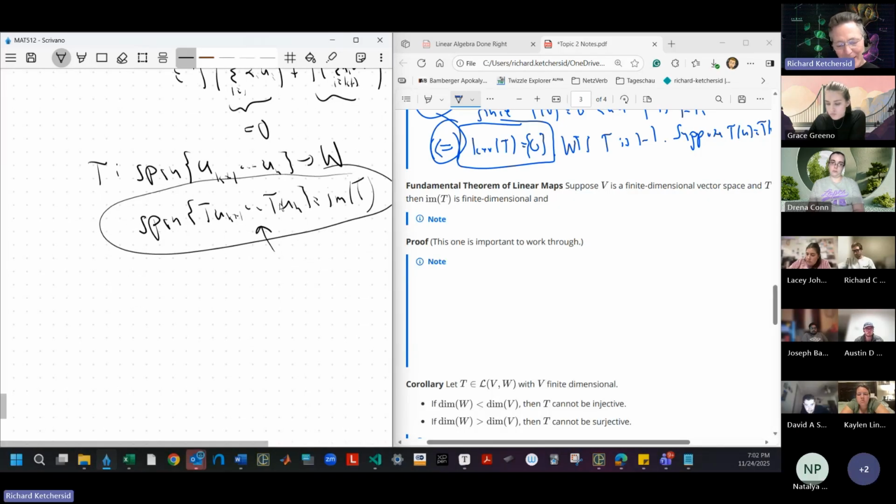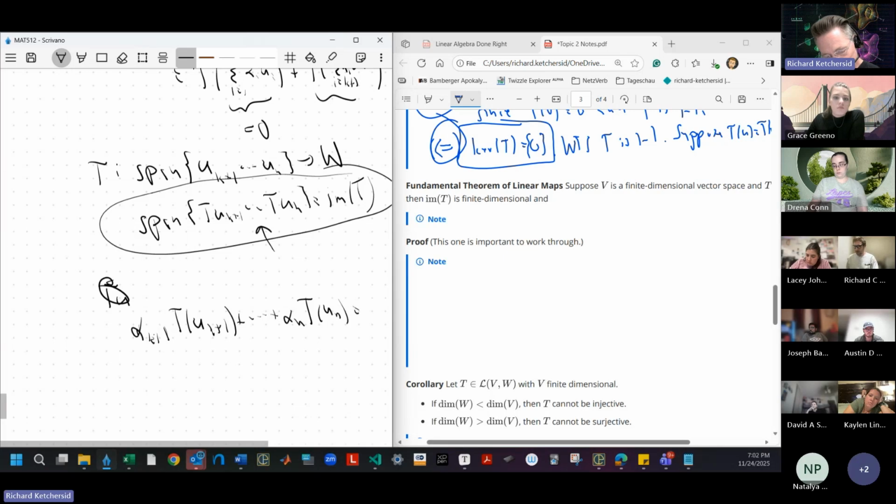Is it the case that these guys here are linearly independent? It spans, it's giving me everything. Are these linearly independent? How do I show that something's linearly independent? I take an arbitrary linear combination: alpha_{k+1} T of u_{k+1}, plus dot dot dot, plus alpha_n T of u_n equals 0.